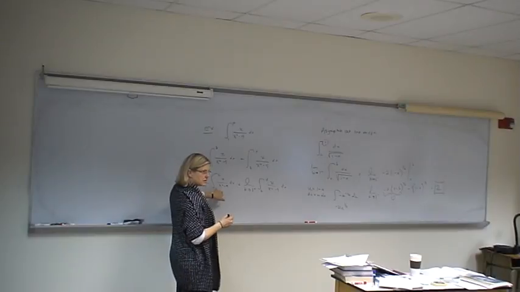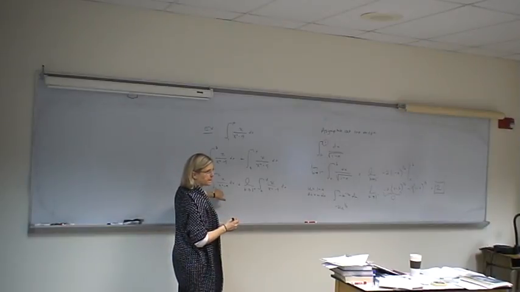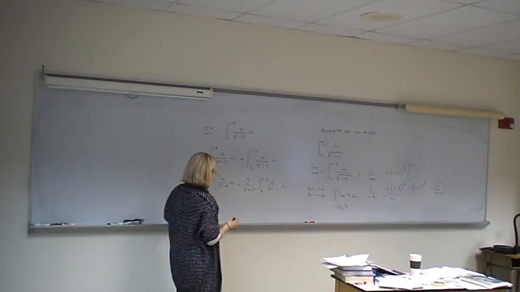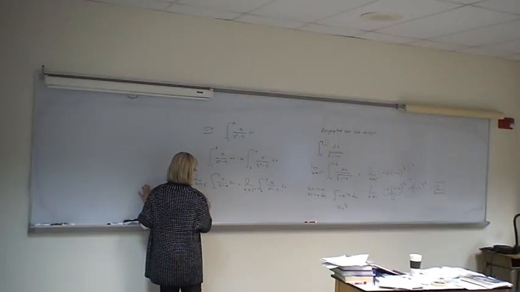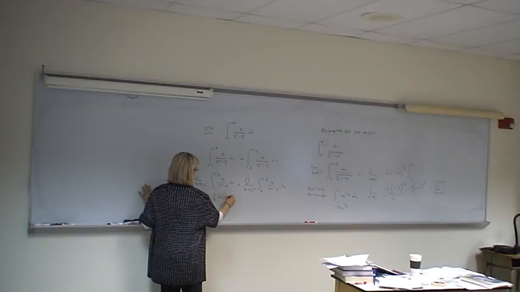We use u equals x squared minus 9, du dx is 2x, so dx is du over 2x. So it would be 1/2 times ln absolute value of x squared minus 9. Good.